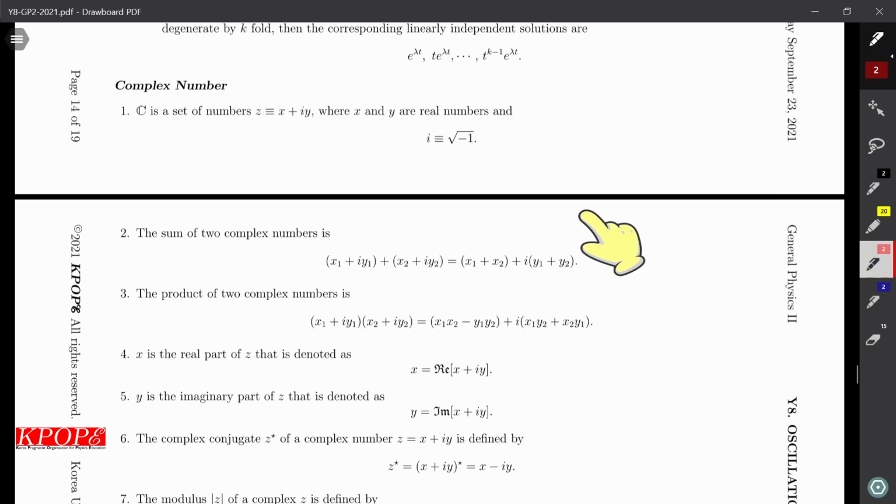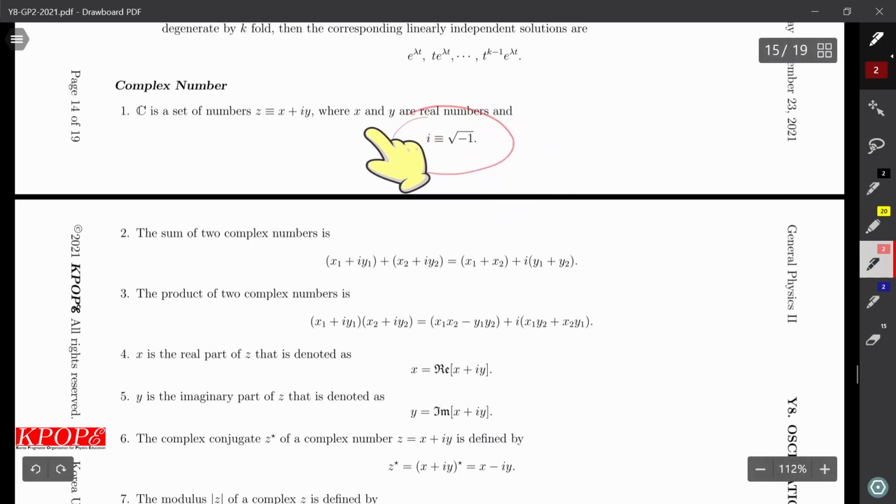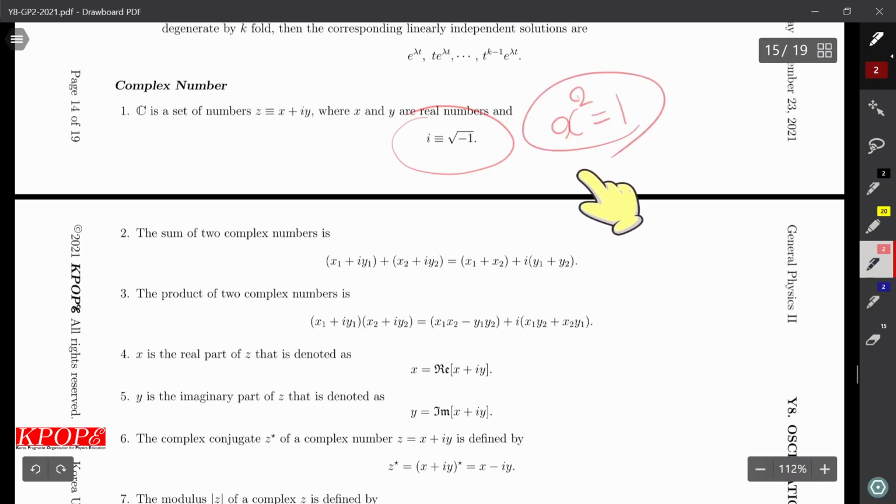Thus, at the end of this class, we review some useful methods of complex numbers. First of all, we define the complex number i. This pure imaginary number i is a root of -1, a solution of x squared equals -1. The solution for x squared equals 1 is x equals plus or minus 1.